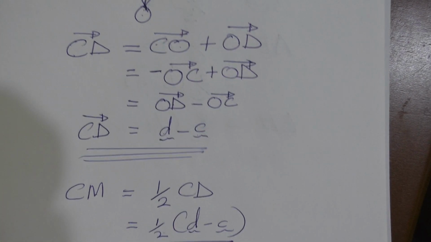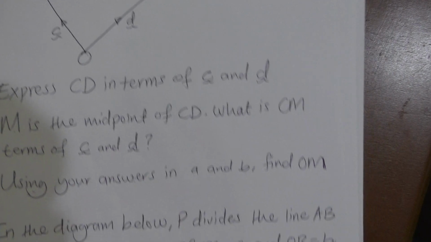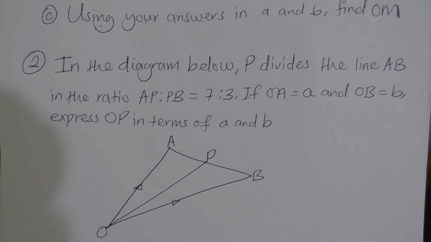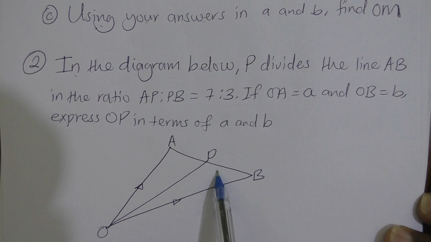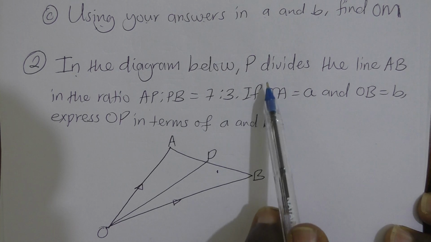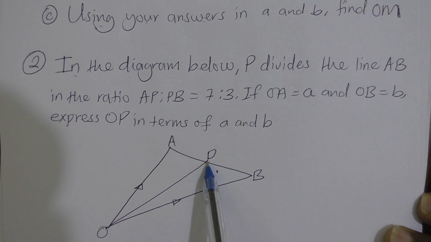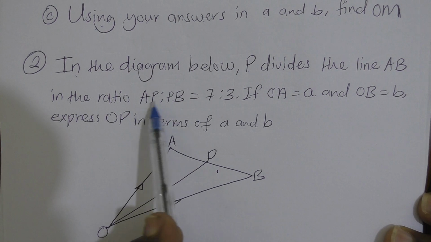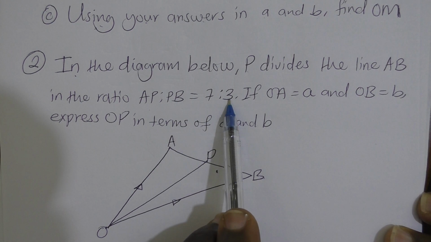Let us look at another example, that is example 2. In example 2, we are given the diagram below, and in the diagram below, P divides line AB, P is here, dividing line AB into a ratio of AP to PB, which is 7 to 3.